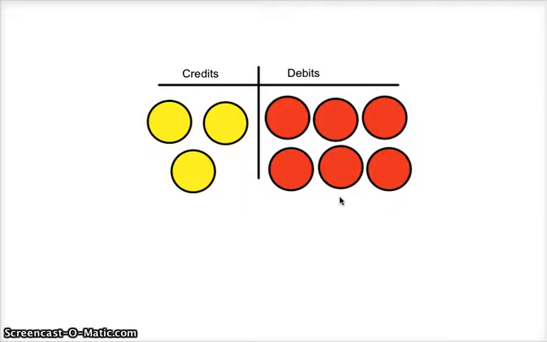If I wanted to take away 7 debits here, well, again, I don't have 7, so that's where I would have to add 1 0 pair. I would have to have 1 yellow to 1 red, again, adding 0 essentially to the net value, but then I would have 7 debits on this side, so I could take all of them away.